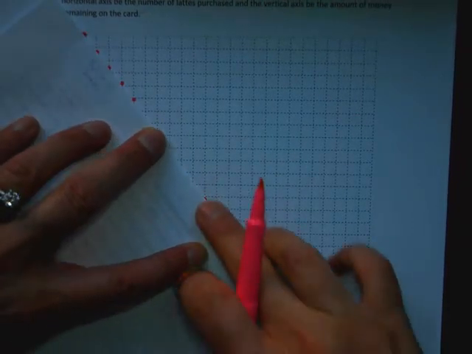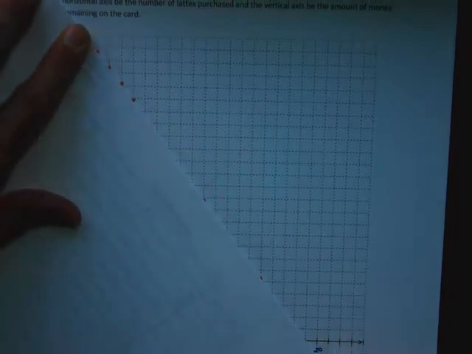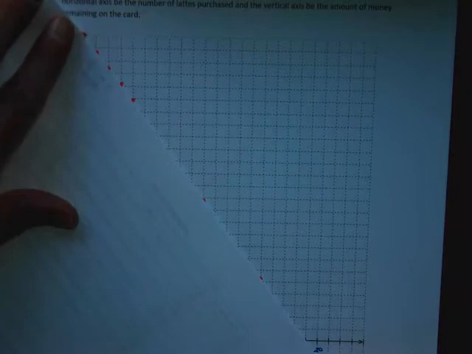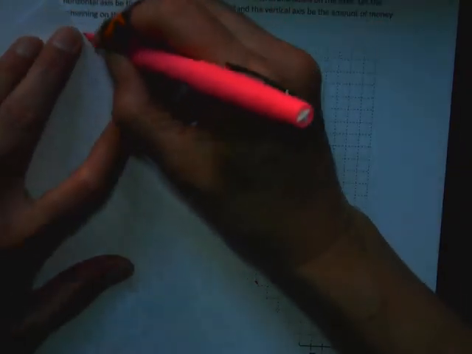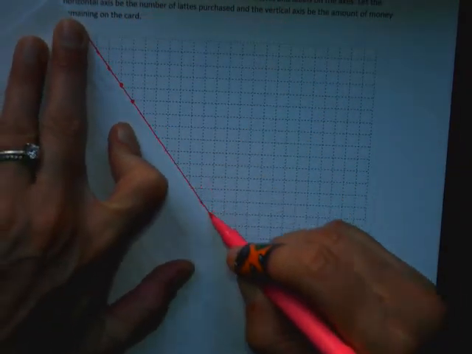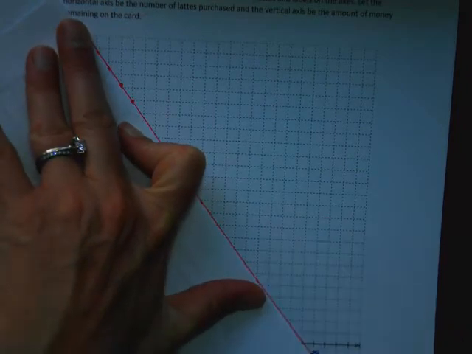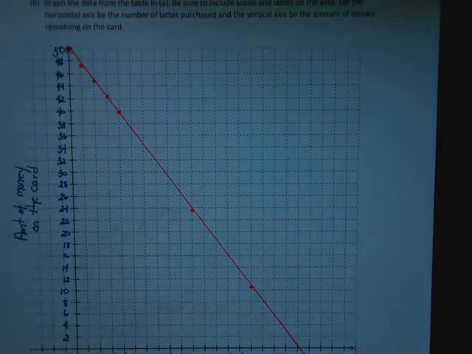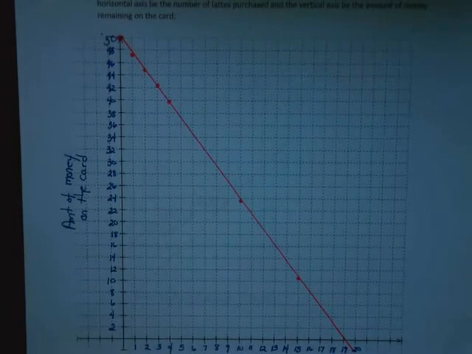Looks something right maybe around there. Okay. All right, takes a while to line those up. There we go. Wish I had a ruler, but I don't have a ruler. Okay, something like that. Yeah, that crossed through most of my points.